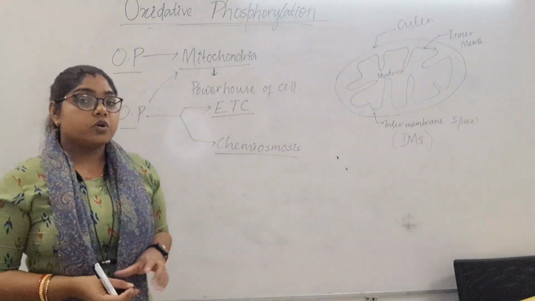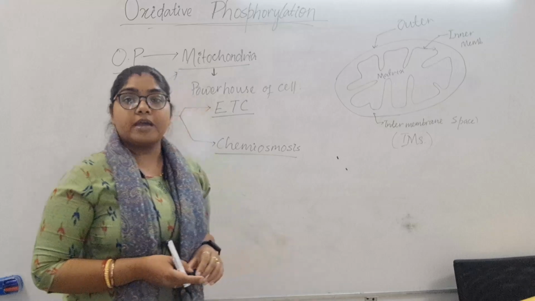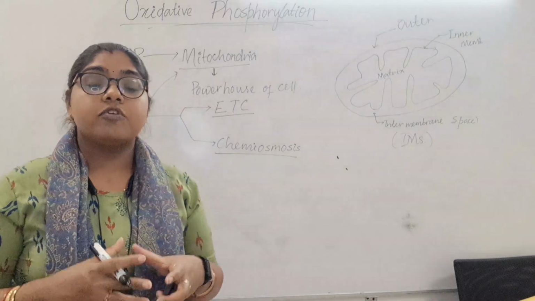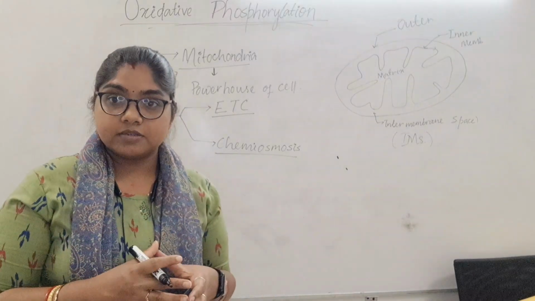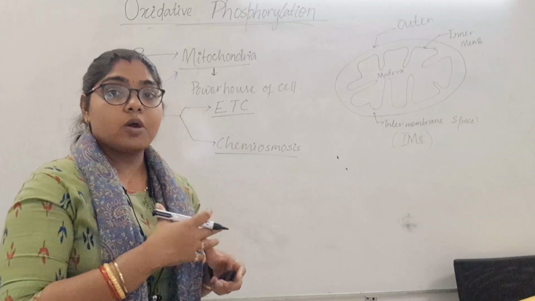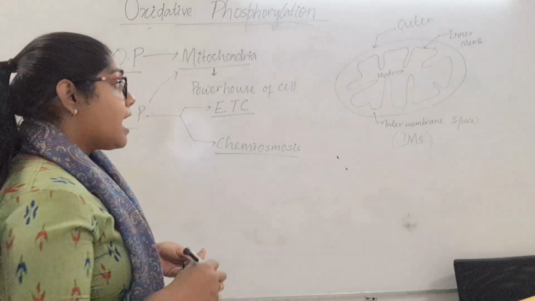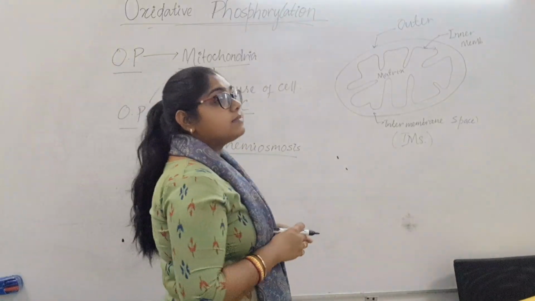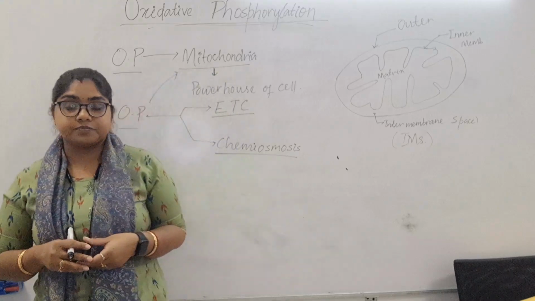So the inner membrane of mitochondria consists of a number of proteins, and all those protein complexes help in ATP synthesis.